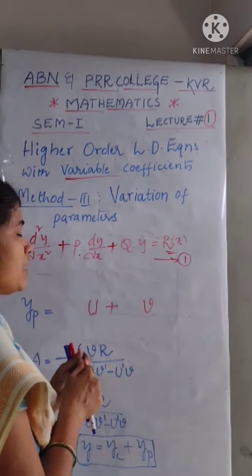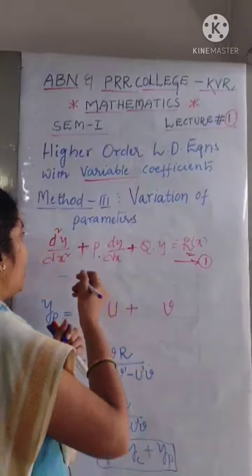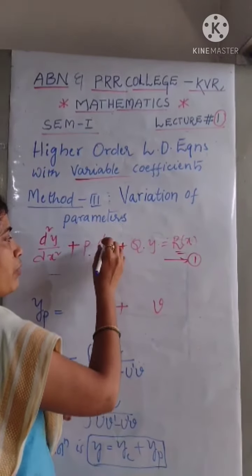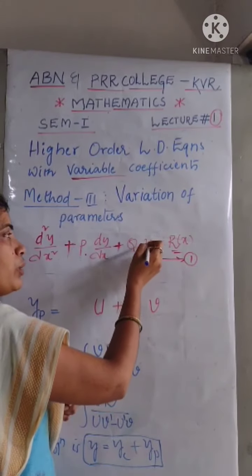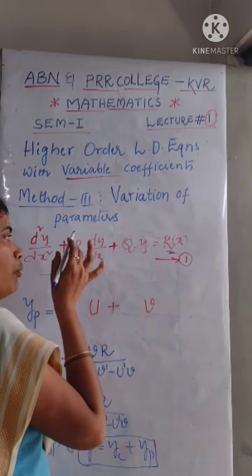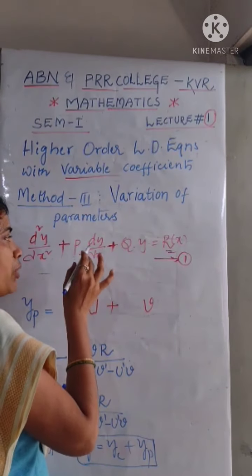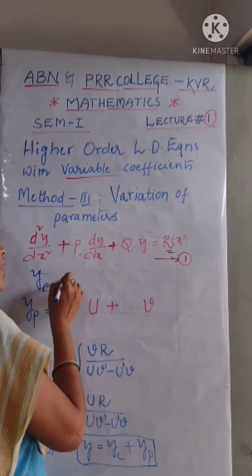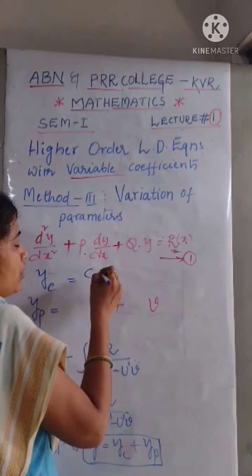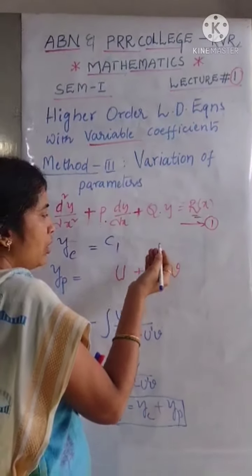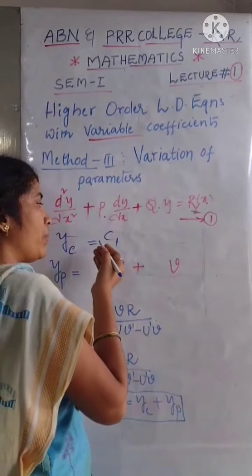Suppose we consider a second order equation, d squared y by dx squared plus p into dy by dx plus q into y is equal to a continuous function r of x. Let it be 1. For this equation, if we consider the homogeneous equation and find the complementary function yc, since it is a second order equation, we have two roots, so we have two constants in the complementary function.